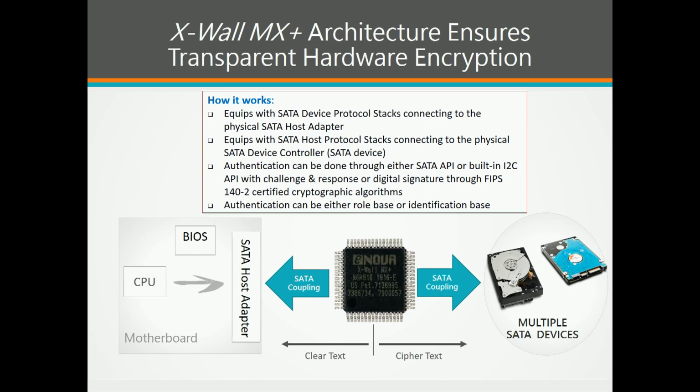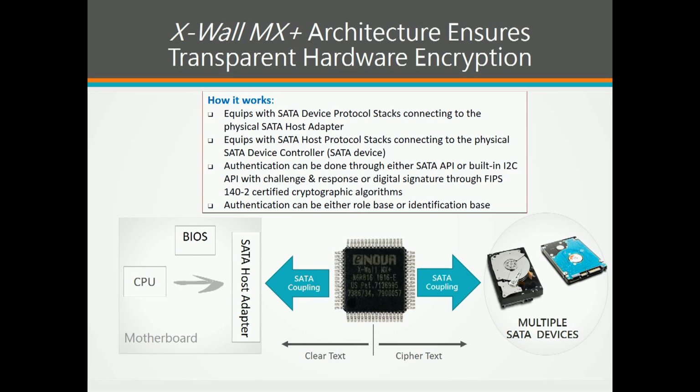And because both sides of the SATA interfaces meet critical SATA specification timing in terms of rising and falling edge timing, setup and hold time, this device is transparent to the SATA host controller and the SATA device.